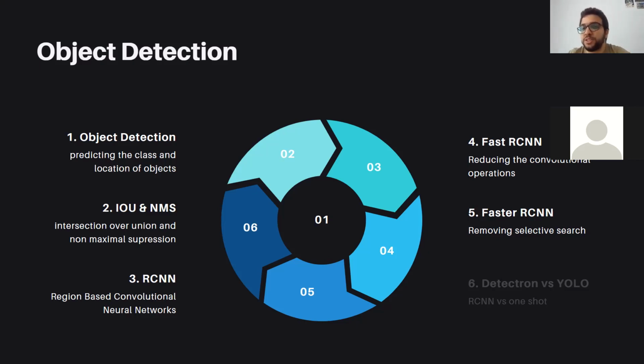Region proposal networks slide a set of anchors through the feature maps and try to predict whether each anchor corresponds to an object in the image or not, and try to improve the values of the proposed regions again. So this is what we have seen so far.